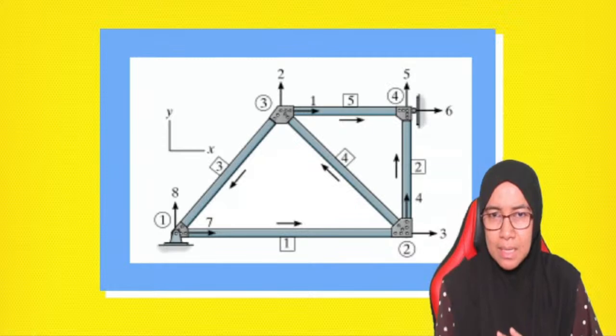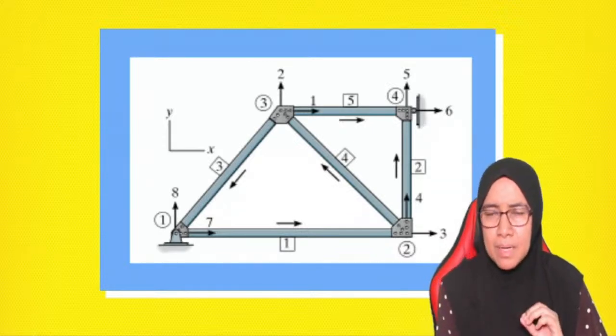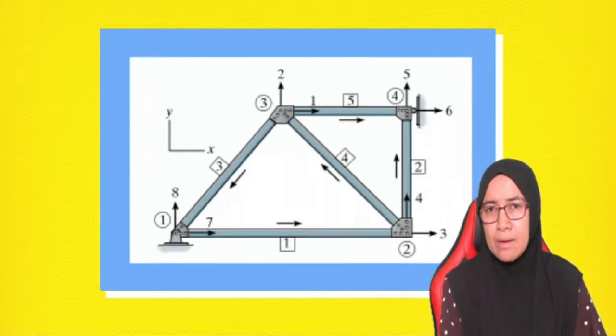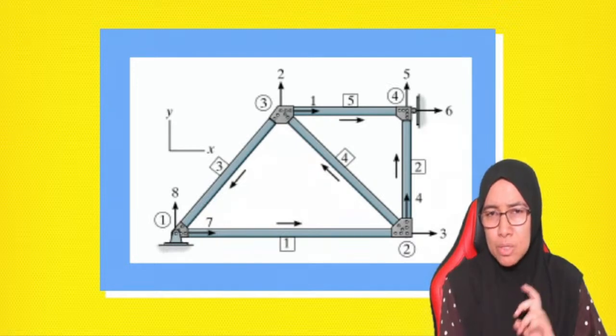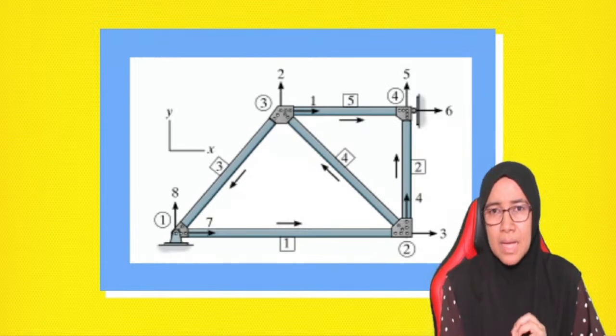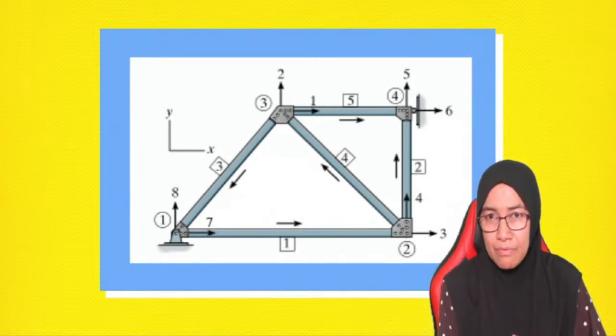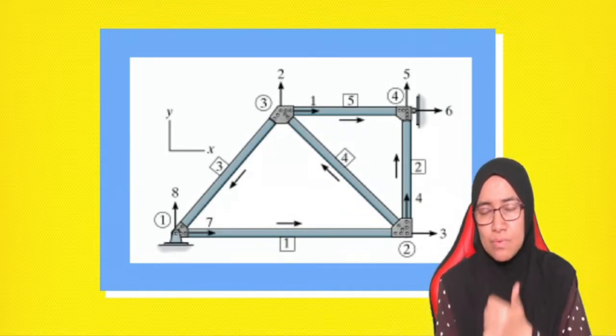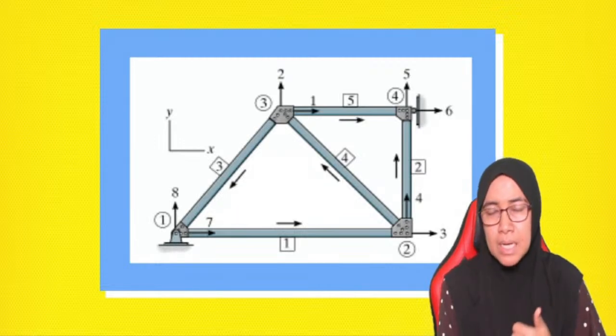Element number 4 joins node number 2 and node number 3, and element number 5 joins node number 3 and node number 4. So the first one is the node number, the second one is the element number.